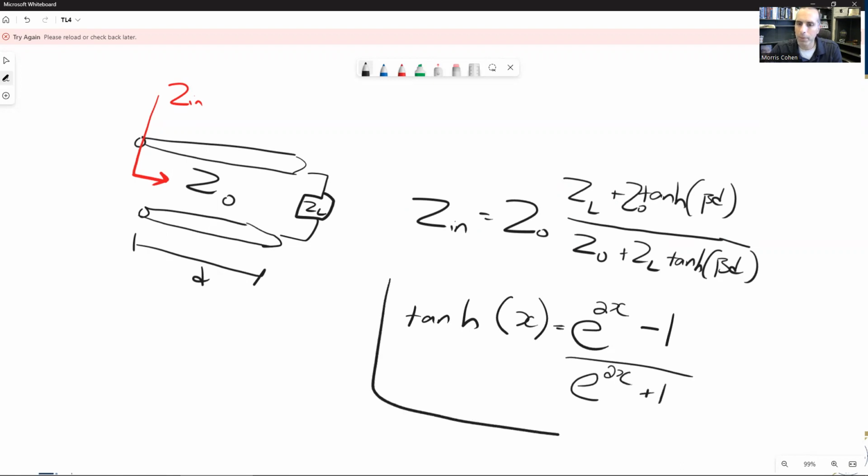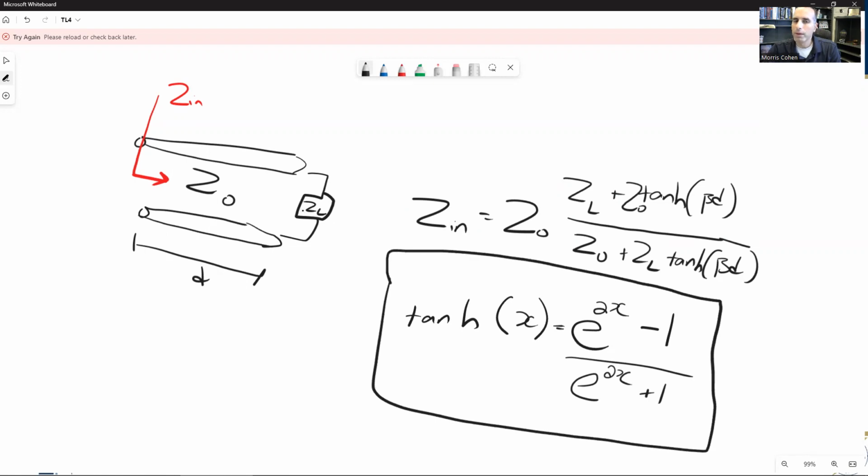This is the definition of hyperbolic tangent. If you plug this in, you can repeat the same techniques we used before to figure out the input impedance. The other modification we have to make, by the way, is that beta is only part of the story. So we're going to get rid of beta, and instead we're going to put gamma.